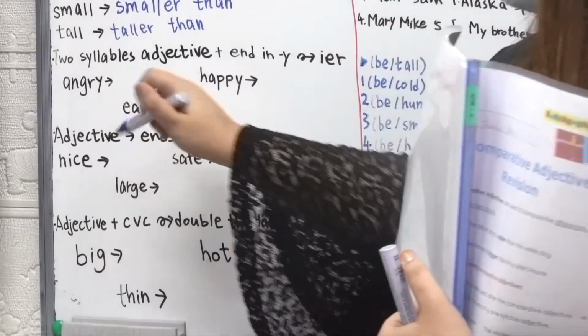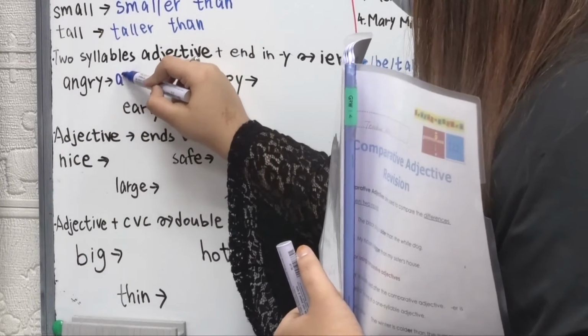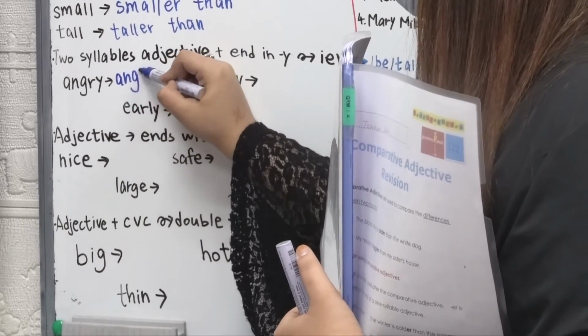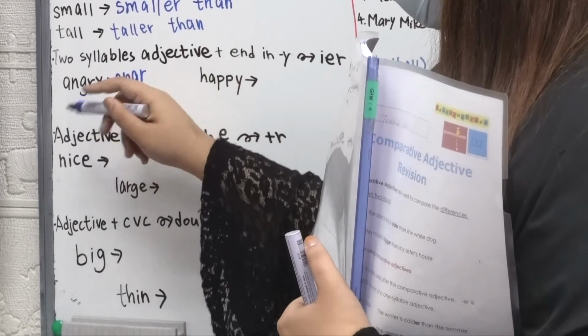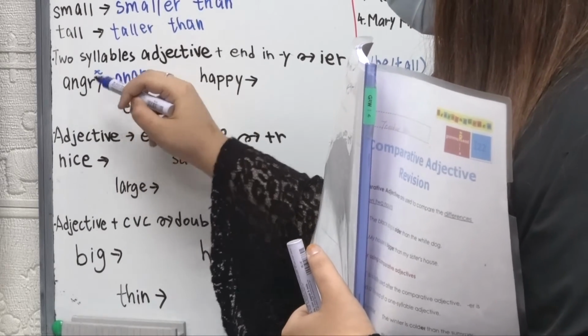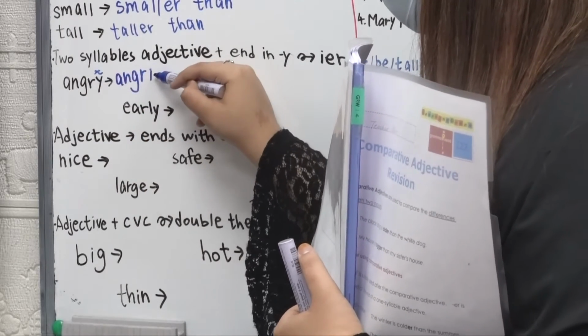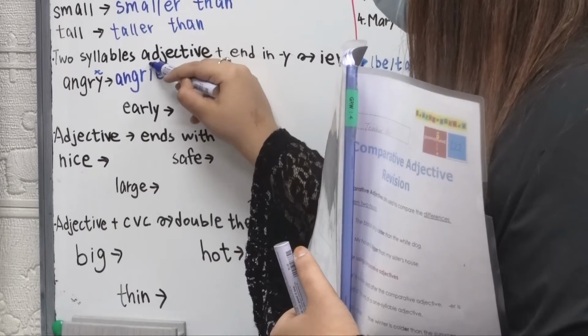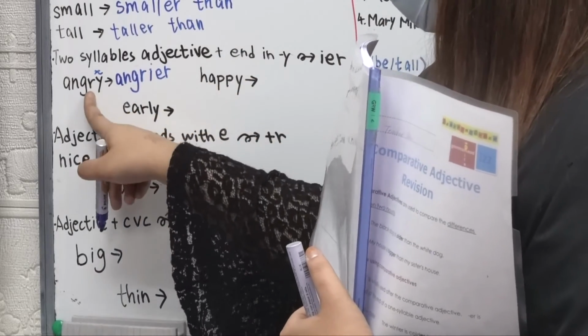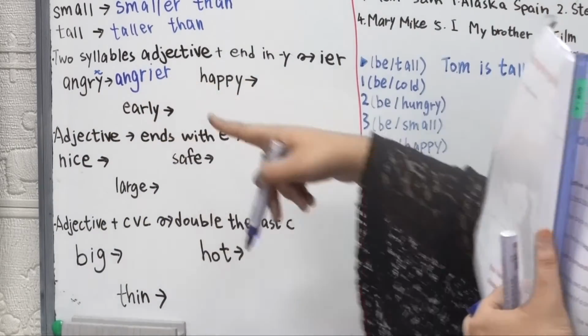So angry ends with Y, right? So how do we change it? Remember, we cross out the Y and then add IER. So angry becomes angrier.